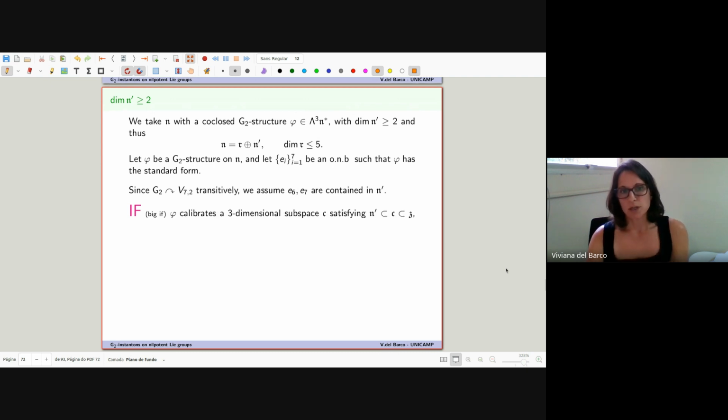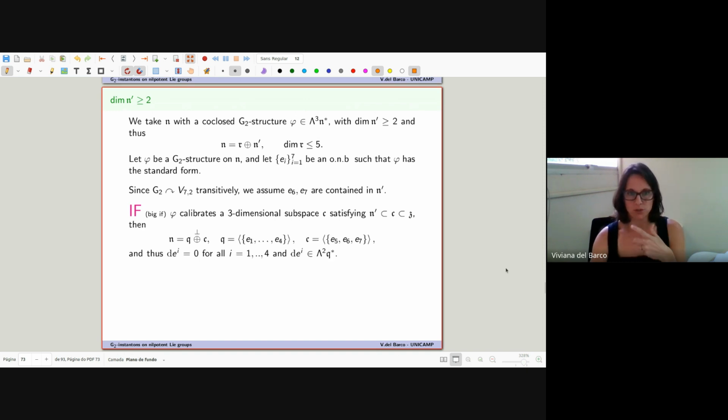That is the case where the G2 structure calibrates a 3-dimensional subspace contained in the center and containing n prime. And if this holds, which is a big if, then you can make the computations.